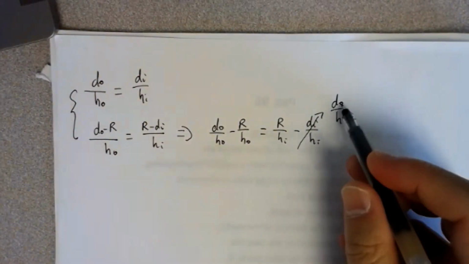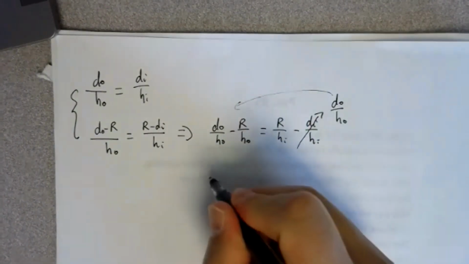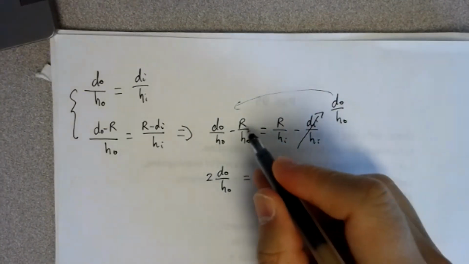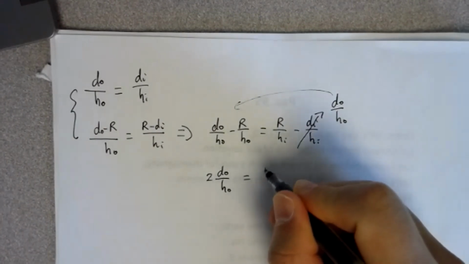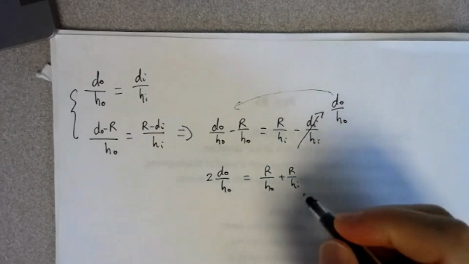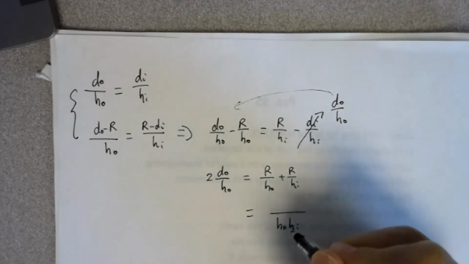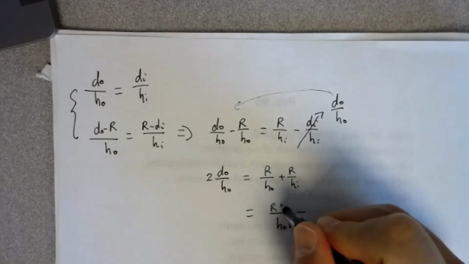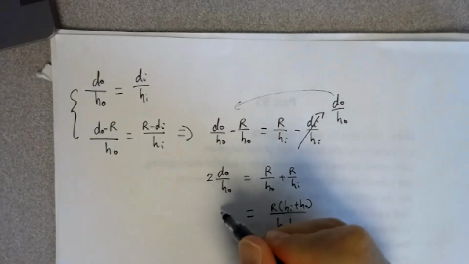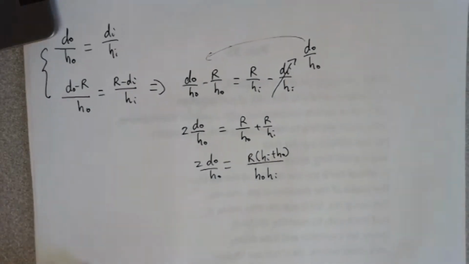So minus DO over HO, and then this is positive. This one can go to the other side, and it becomes twice DO over HO, and that equals R over HO plus R over HI. If you combine these two together, on the top you have R times HI plus HO, and that equals twice DO over HO. So there's a little bit of cancellation here.